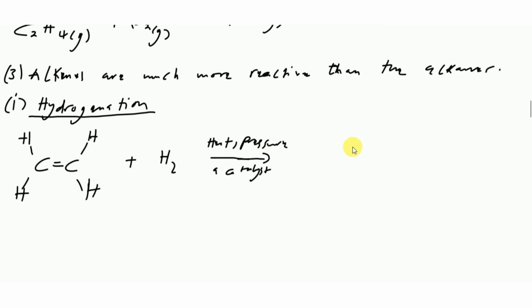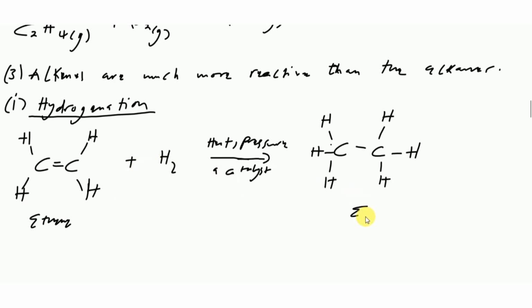So here the alkane that is going to be produced will be ethane. So we have our ethene, and if ethene undergoes hydrogenation, which is the addition of hydrogen, that will produce ethane.